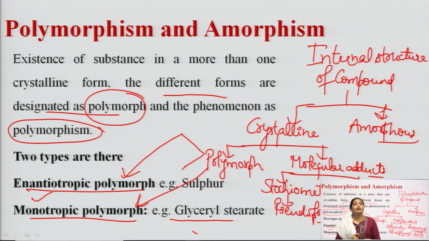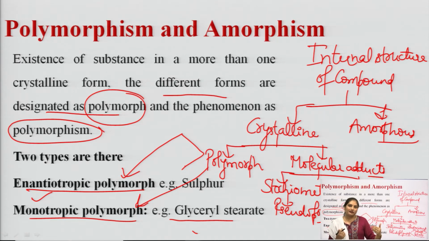Okay. And when we talk about the amorphous form, what are they? They have no crystalline lattice. Okay. So, the amorphous form also represents a higher energy state, and it also has more aqueous solubility. So, when we compare the dissolution of these different polymorphic forms, the maximum dissolution we will get in the case of the amorphous form, after that the metastable form, and after that the stable form.